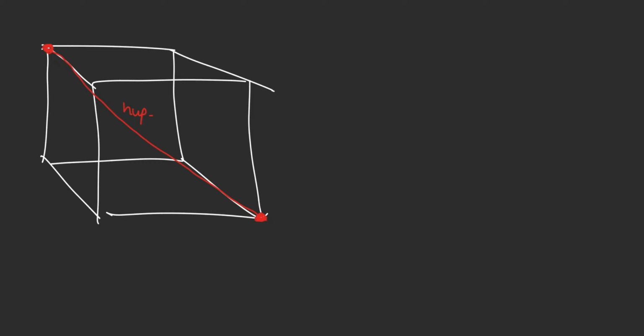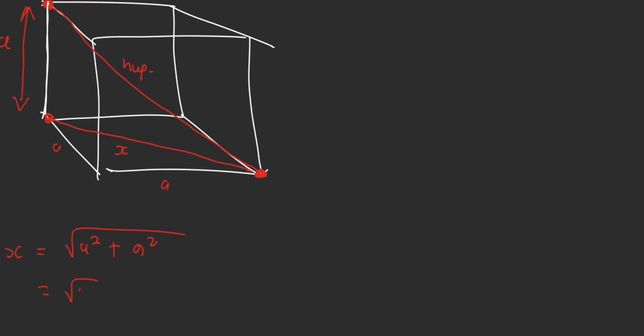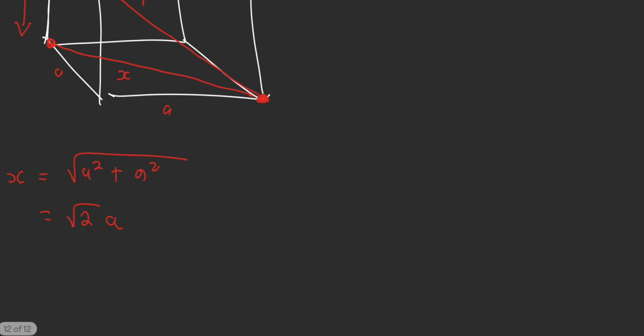To find this cross diagonal, we know that if you go down like this, this is a. Then if you go from this one across the face at the base, this value is going to be, let's say, x. So we know that x is going to be the hypotenuse, the square root of a squared plus a squared. This is a, this is a. So it's going to be root 2a.